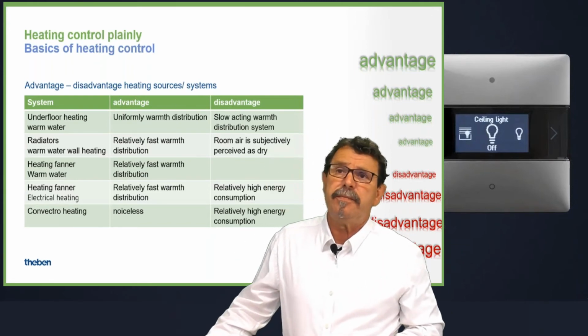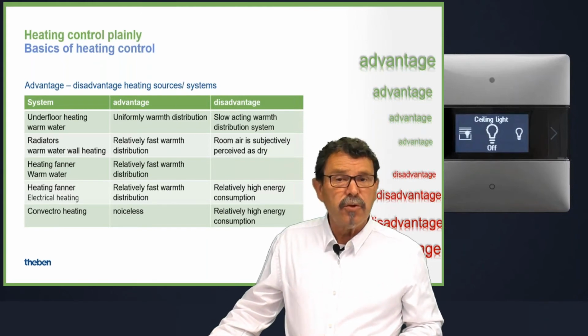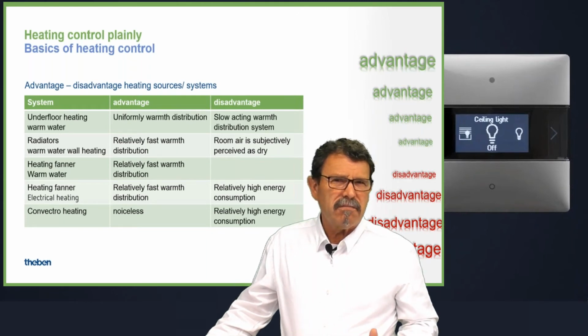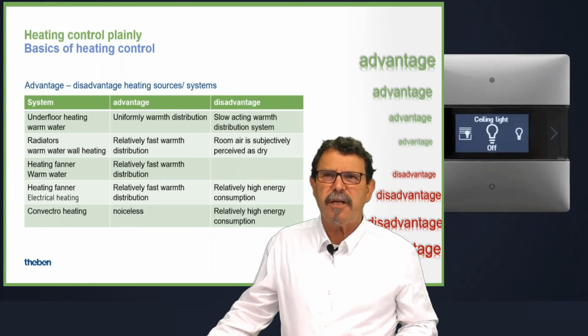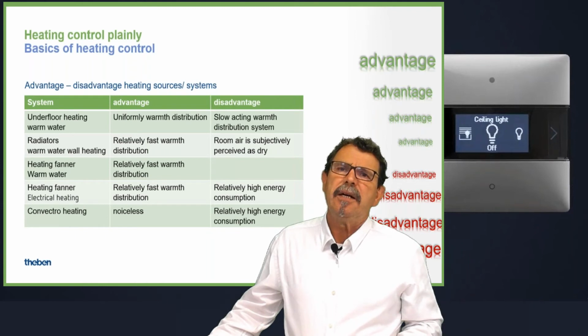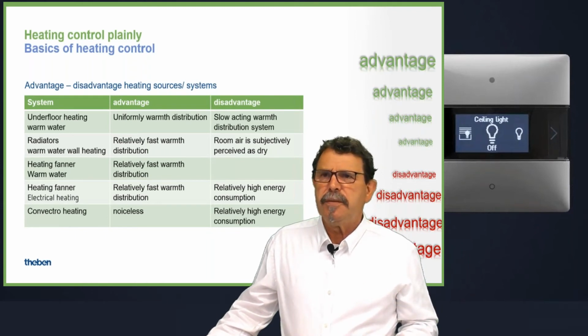Disadvantages: such systems are slow. Due to that, we have to adjust the PWM settings, for instance 15-20 minutes, even more, 20 minutes plus, depending on how the screed is, where these heating sources are installed.